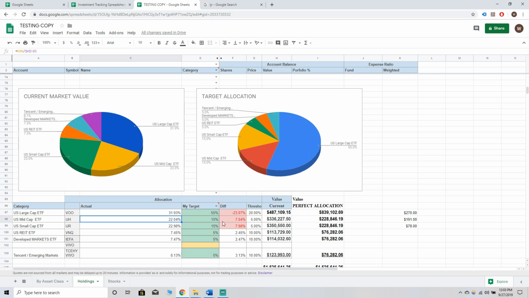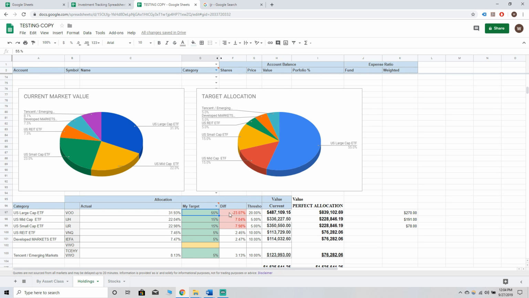However, mid-cap stocks have done pretty good. They're 7% more than their target 15%, with the threshold at 5%. And similarly for the small cap stocks, it's very similar. So how are we going to go about this now? The first thing we're going to do is decide if you want your current market value to go perfectly with your target allocation, because you can do two things.